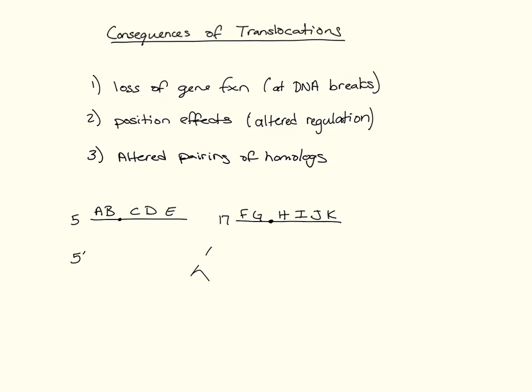Let's say there was a break right here, and there was a break right here, and a translocation happened between 5 and 17. So you end up with a 5 that has I, J, K from chromosome 17 on it, and a 17 that has a D and an E on it.